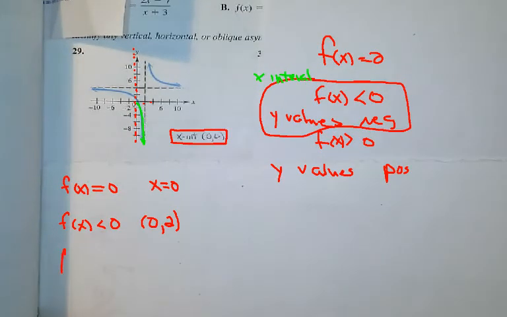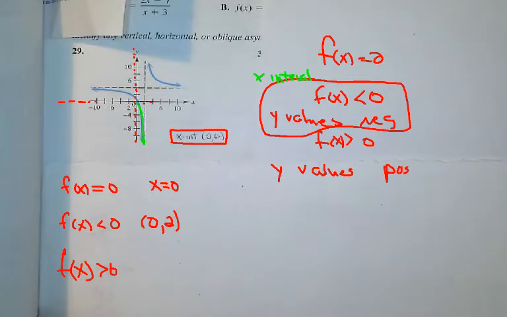So let's do the other one. When is the graph above 0? Well, I can see that it's above 0 for all these numbers. Every negative x number I pick, up until I get to 0, that's when it goes down.